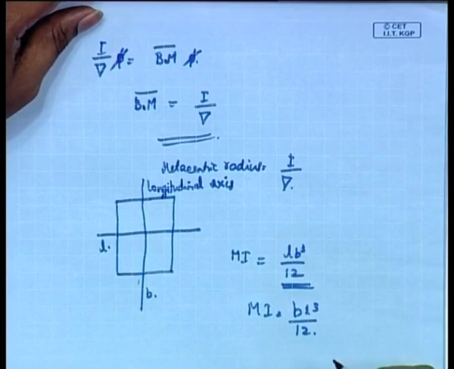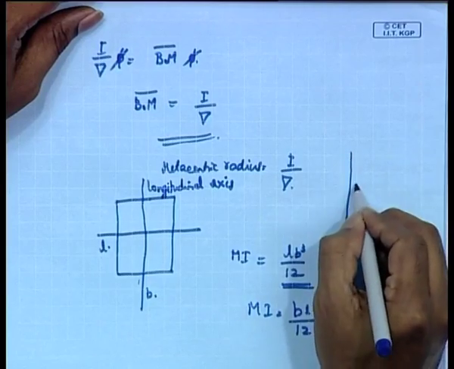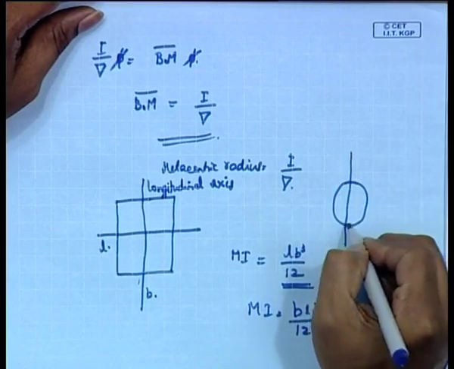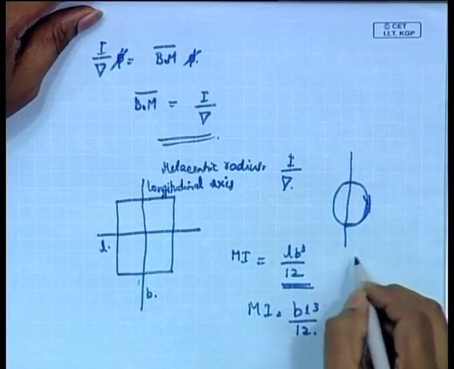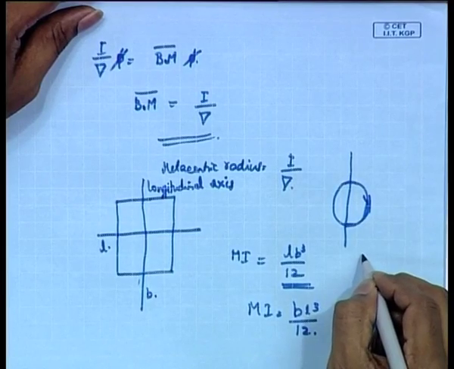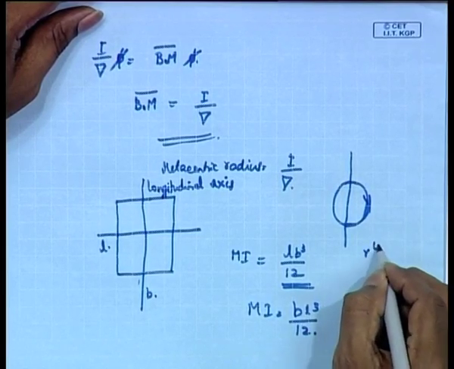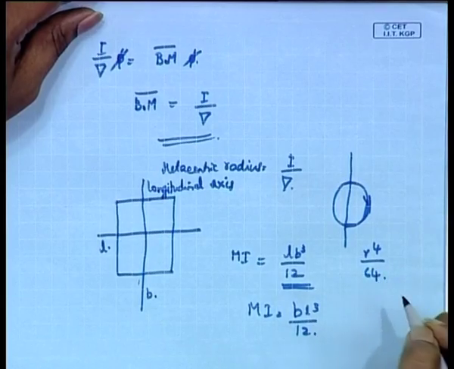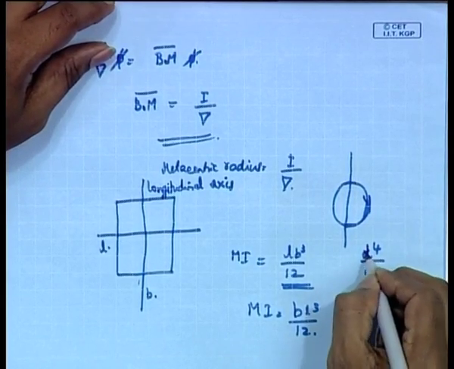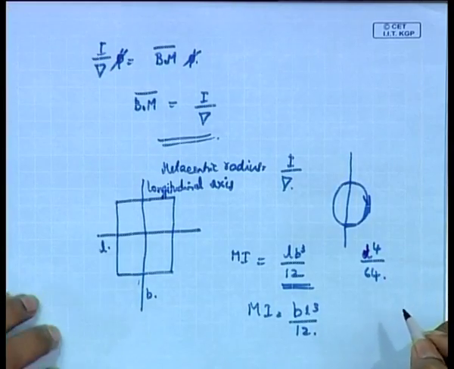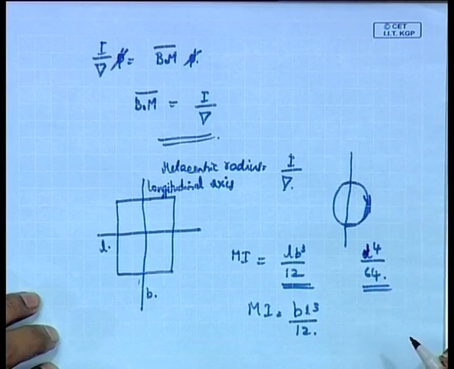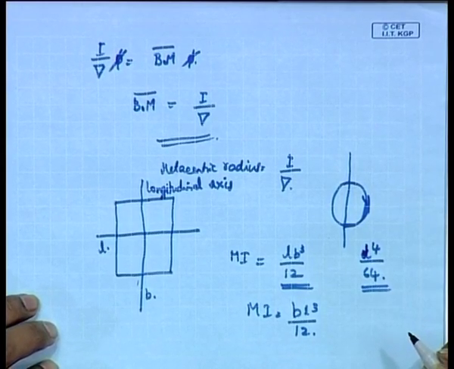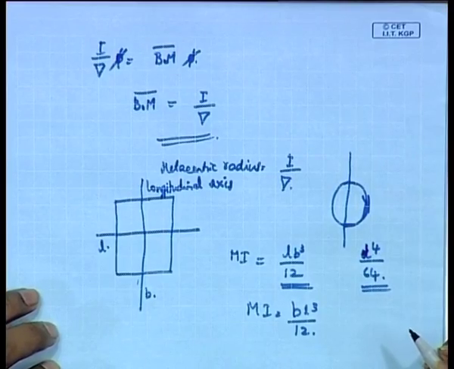Similarly, if you have a circle, the moment of inertia of this kind of area is equal to d power 4 by 64. This gives you the moment of inertia of a circle about any axis passing through its center.